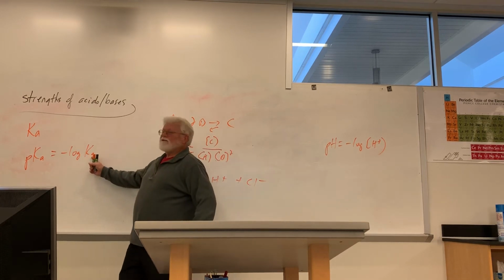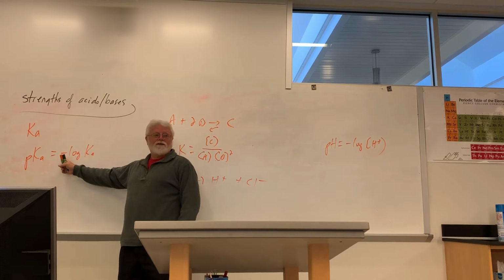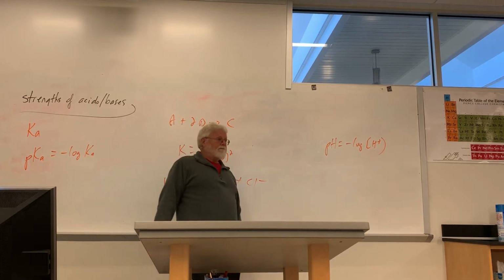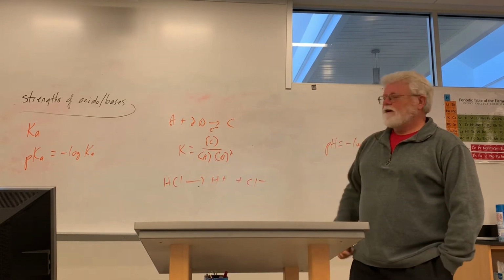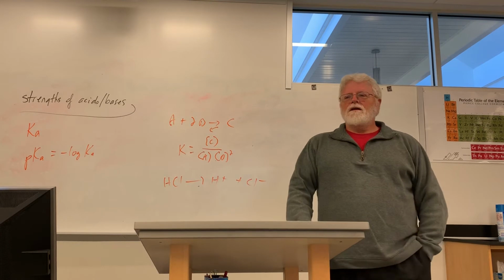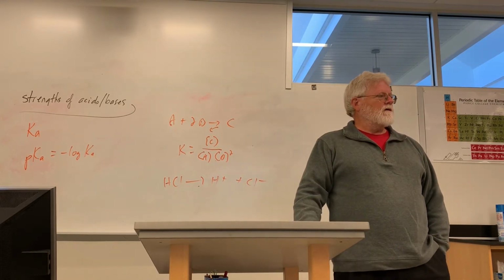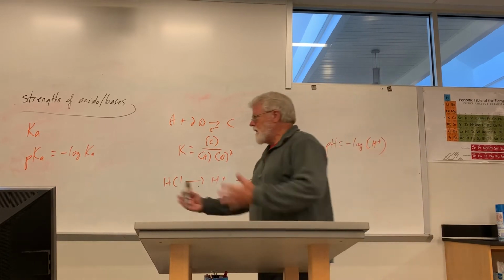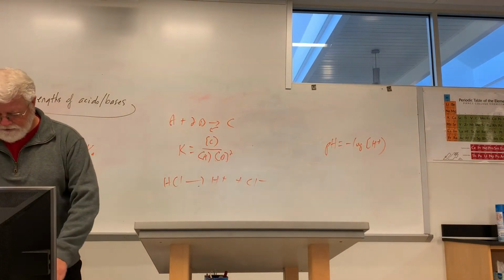If the Ka is large, the log of the Ka will be large, the negative of that will be small. And if we're dealing with a weak organic acid, Ka will be small, pKa will therefore be relatively large. So we can use Ka and pKa to measure how strong or not strong an organic acid is.